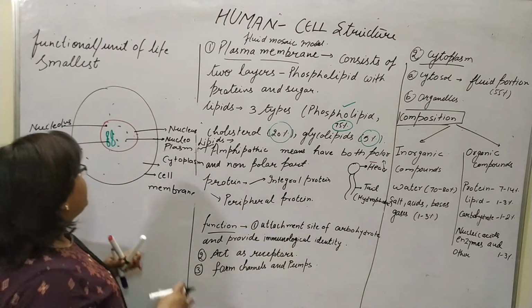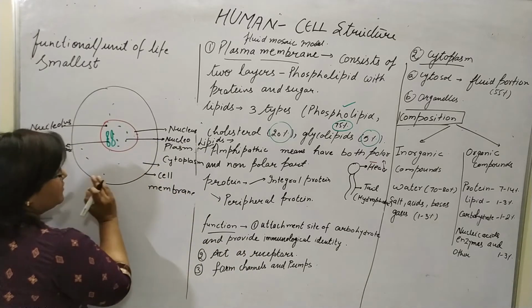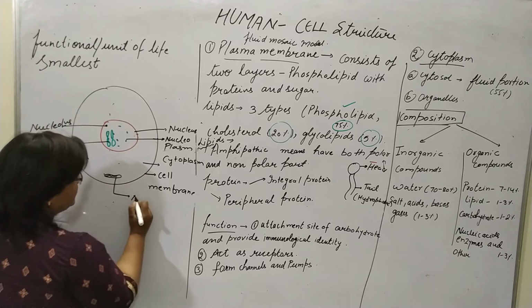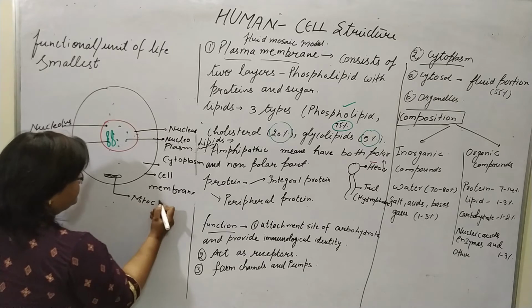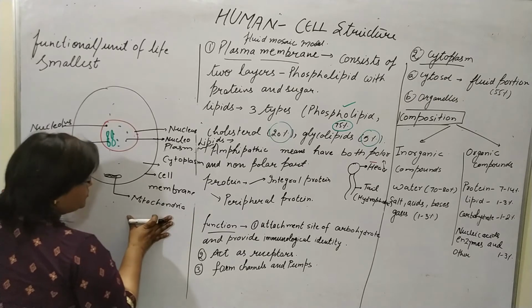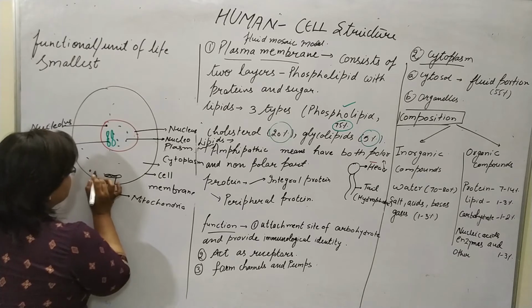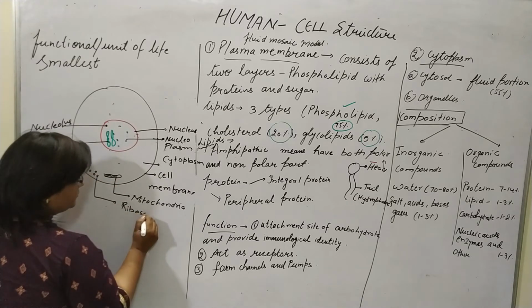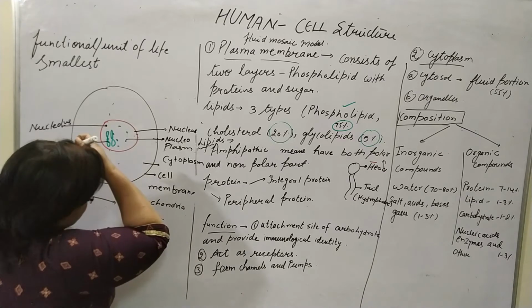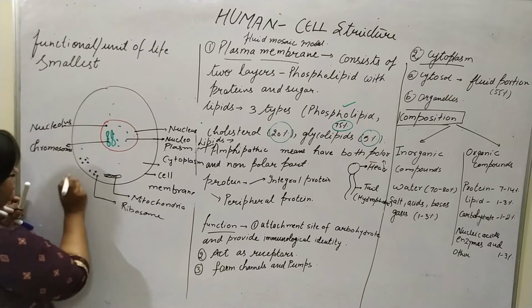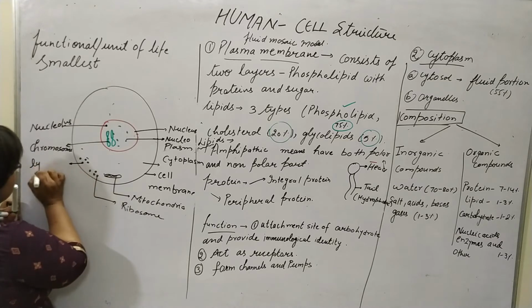The other important cell organelles are the mitochondria, which are the powerhouse of the cell. Then the smallest structures are the ribosomes, and the enzyme-containing bodies are known as the lysosomes.